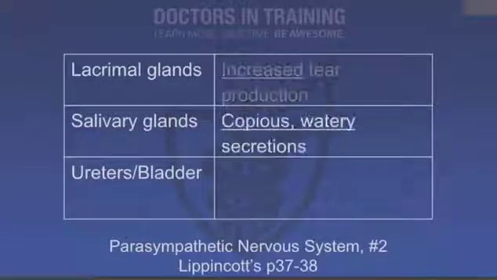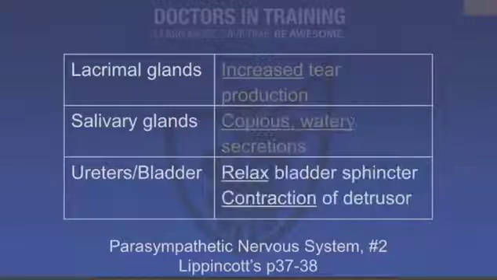In the salivary glands, you're going to have copious watery secretions with parasympathetic stimulation. And remember, that's just the opposite of what the sympathetic system does. In the urinary system, parasympathetic stimulation is going to relax the bladder sphincter and contract the detrusor muscle, so you're going to urinate more. Your bladder becomes more leaky.